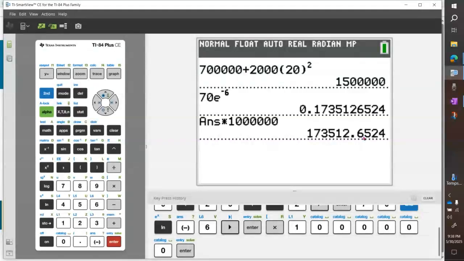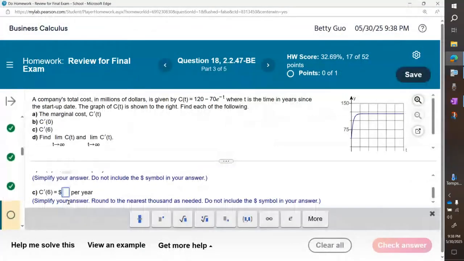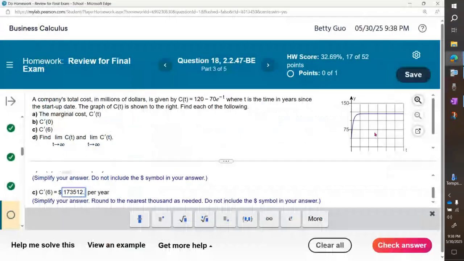So keep 3 decimal places. 1, 2, 3. 4 is less than 5, so round it down. 1, 7, 3, 5, 12 point 652.